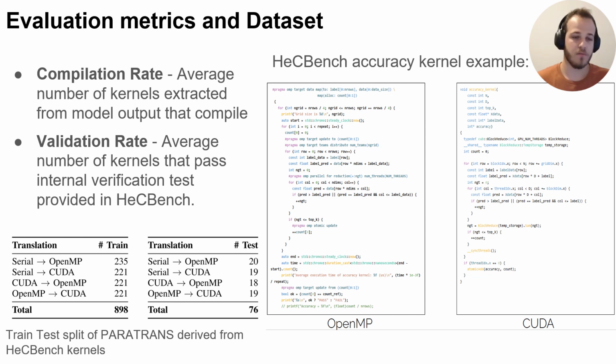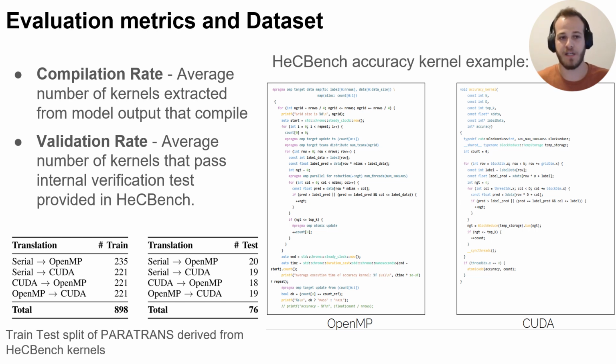Okay, so in our evaluation, we worked with Hackbench. We took where we have many different implementations of the same kernels in different APIs, and we took all these kernels and we turned them into a data set we call paratrans, where we took tuples of translation pairs. So we have serial to OpenMP, serial to CUDA, CUDA to OpenMP, and OpenMP to CUDA.